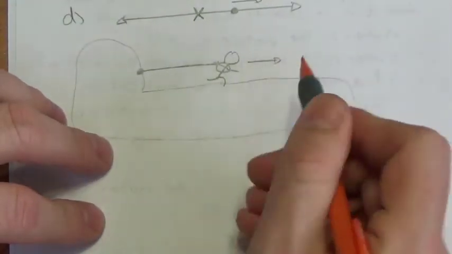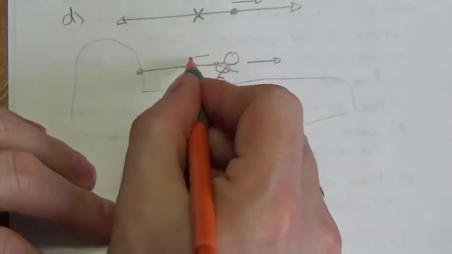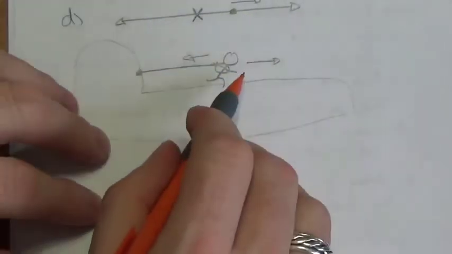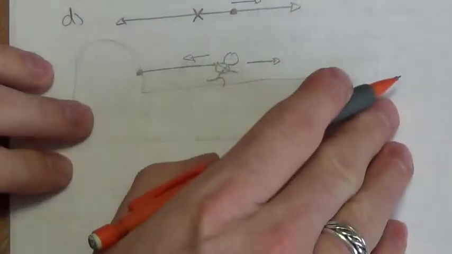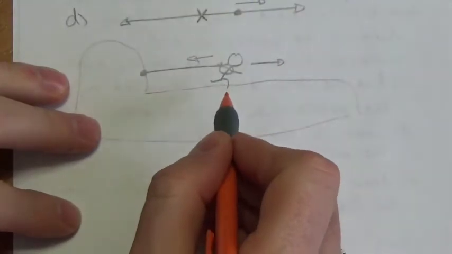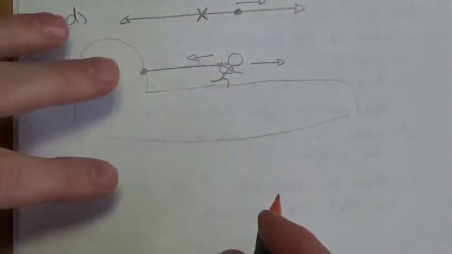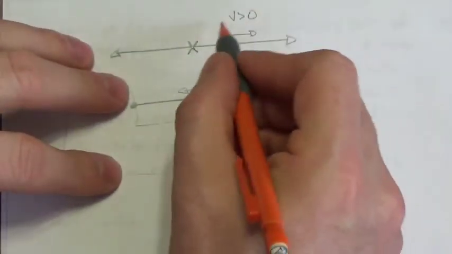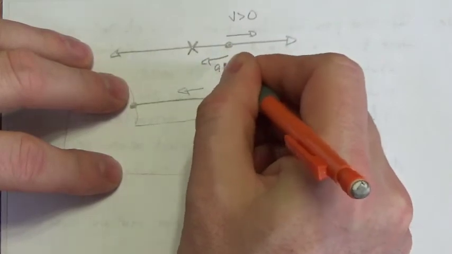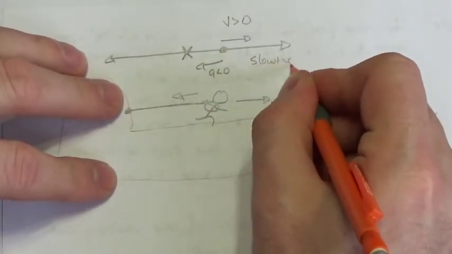You are running this way, but as you run, you're getting pulled back, and the further you go, the more you get pulled back. So you've got forward velocity, but your acceleration is this way. What happens to your speed? Your speed slows down. So if your velocity is positive but your acceleration is negative, this is when you are slowing down.